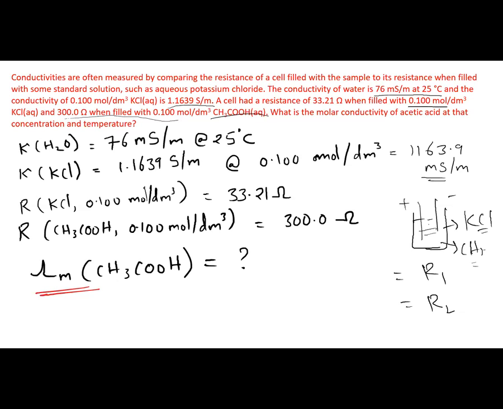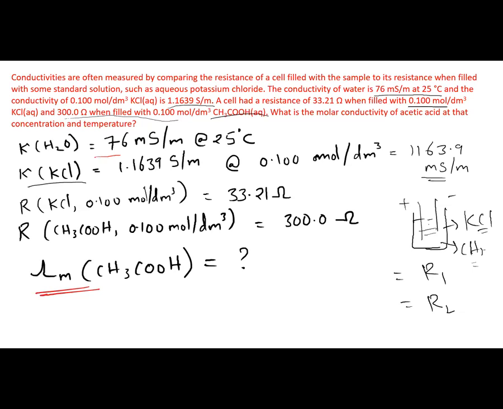So we have to use these parameters to find the molar conductivity of acetic acid at that particular concentration and temperature. I've noted all of the values that are given for us. We are given the kappa value of conductivity of water, 76 millisiemens per meter, and that of KCl is 1.1639 Siemens per meter. Make sure that you read the question and also the units properly.